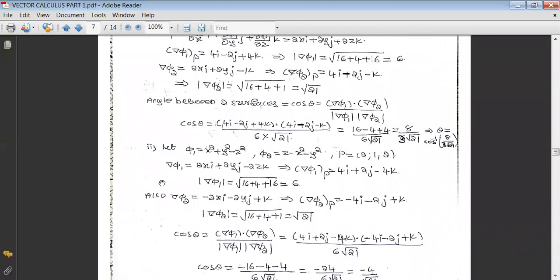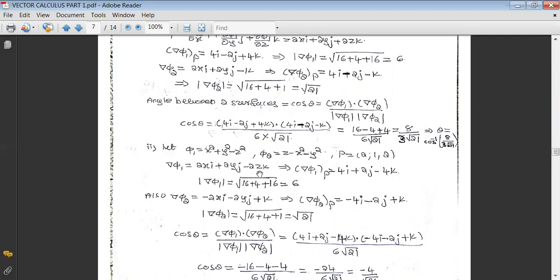Now first let us get del pi 1. Partial derivative of this with respect to x is 2x into i, plus partial derivative with respect to y is 2y j, minus partial derivative with respect to z is minus 2z into k, because del pi 1 is given by dou pi 1 by dou x into i, plus dou pi 1 with respect to y partially into j, plus dou pi 1 with respect to z into k.